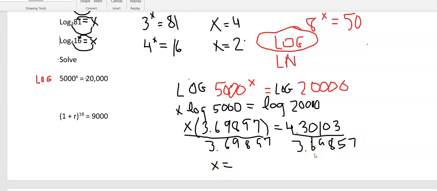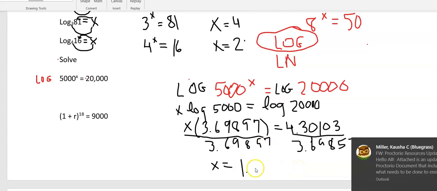So 4.30103 divided by 3.69897 gives me 1.163. We'll just round it off to 3 decimal places.